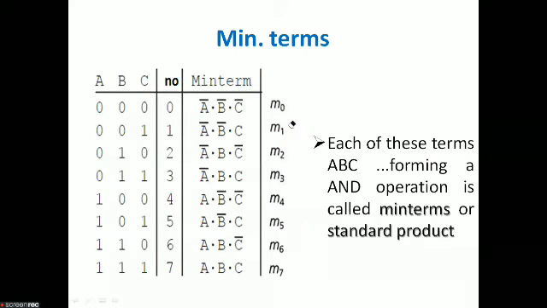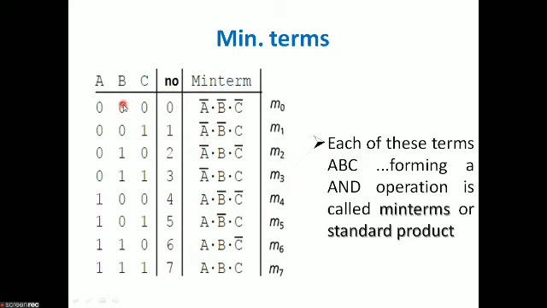Now look here, we have three variables A, B and C, and this is the decimal number, starting from 0 to 7, and these are the min terms. For min terms, the binary words are formed by representing each non-complemented variable by a 1 and each complemented variable by a 0.